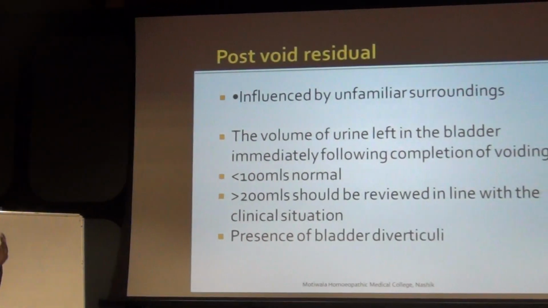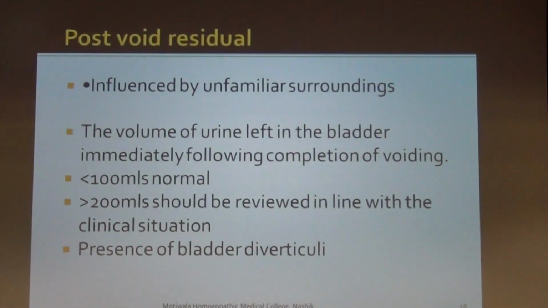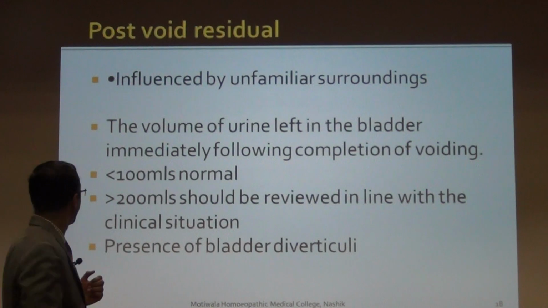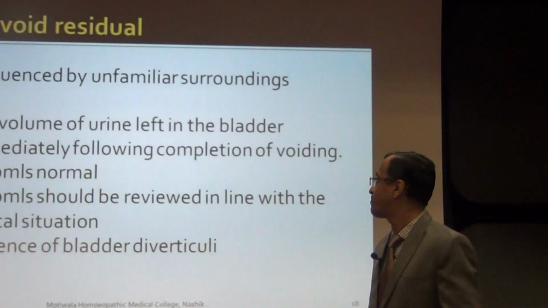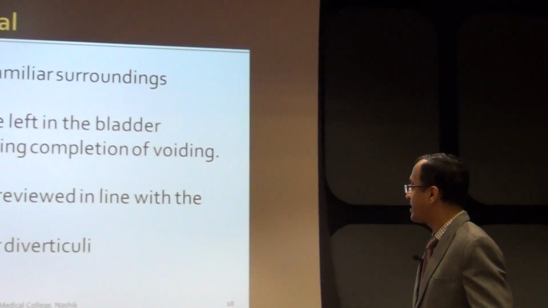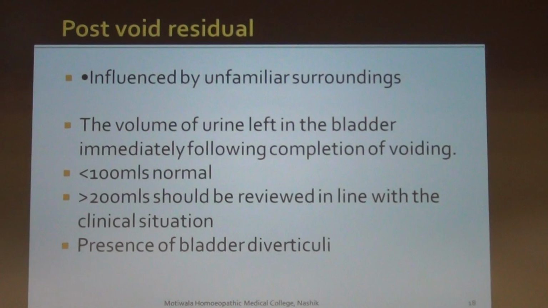But mind it well, the post-void residual is influenced by unfamiliar surroundings. The volume of urine left in the bladder immediately following the completion of voiding has to be measured.